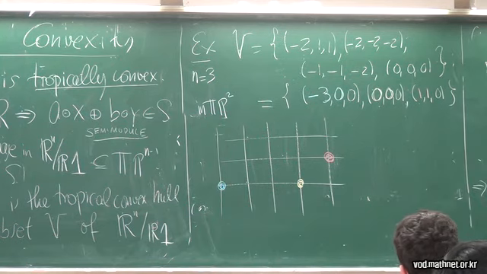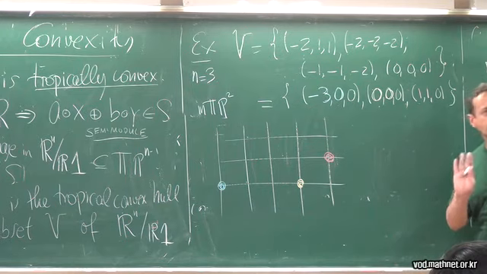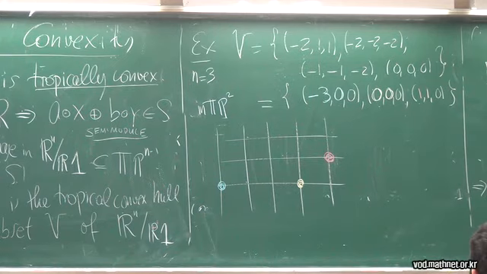And I want to take the tropical convex hull. Well, let's do it pairwise, right? We can certainly, let's start with 2 of the points. So let's for example take the blue point and the red point.